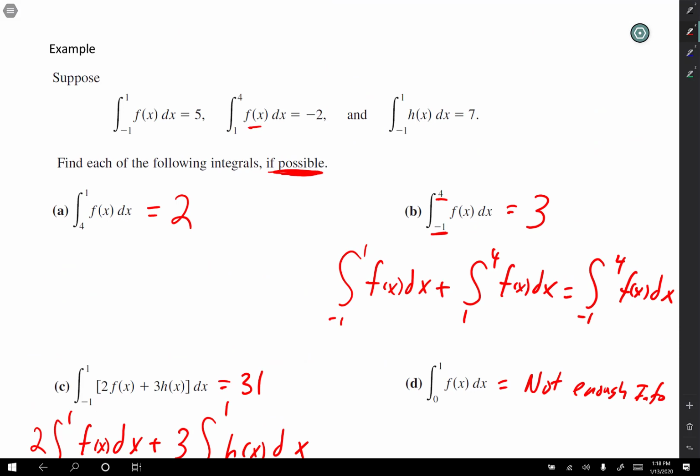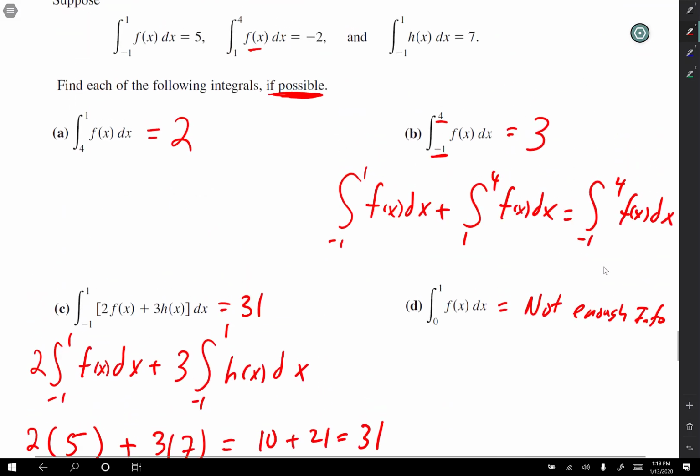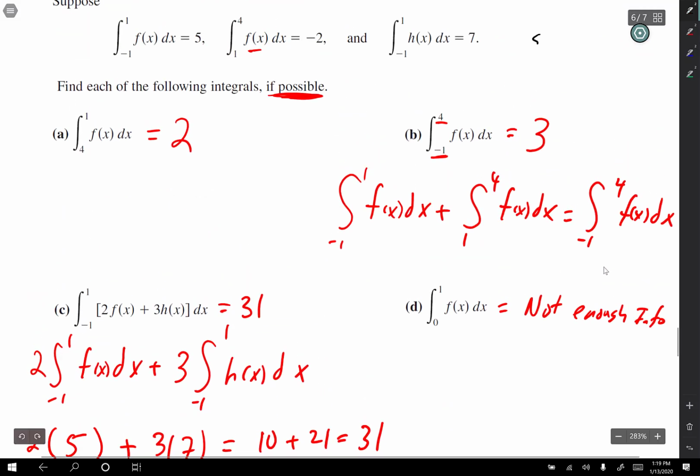What does odd mean? Even means it's symmetric about the y-axis, and odd means it's symmetric about the origin. Like cosine x is even, sine x is odd. Side note: even is f of x equals f of negative x, like y equals x squared or y equals cosine x.